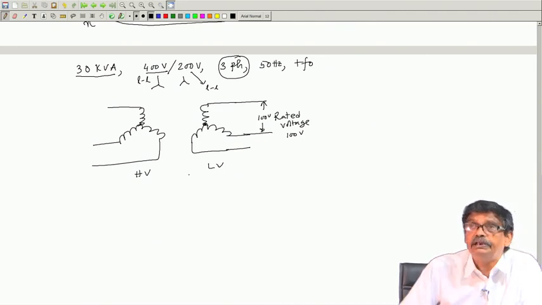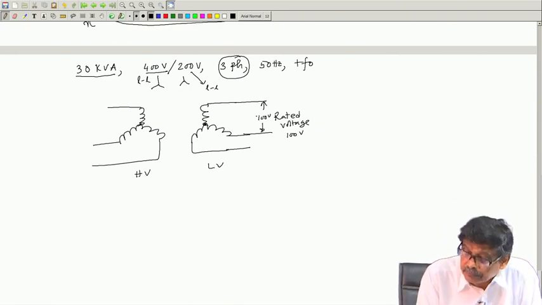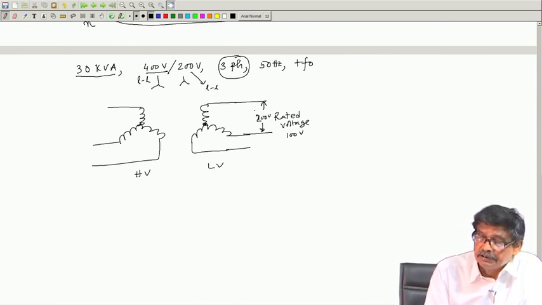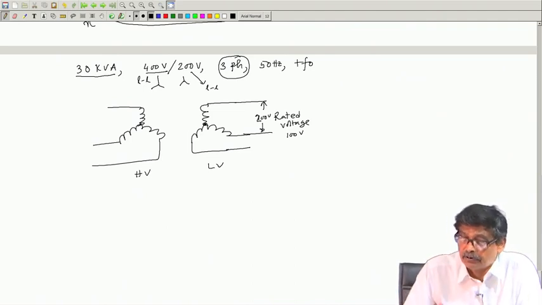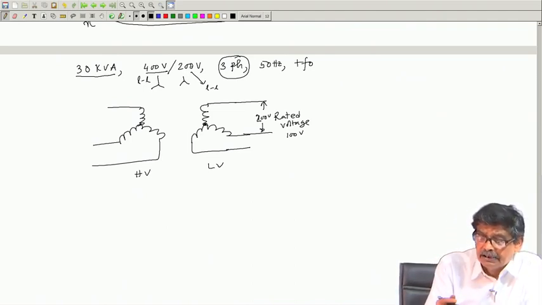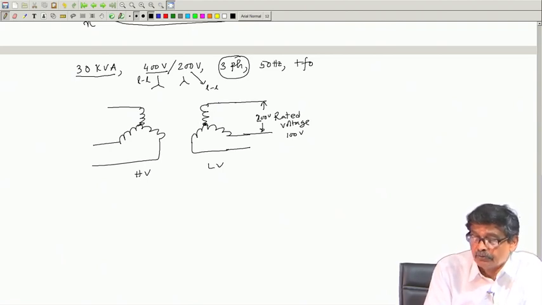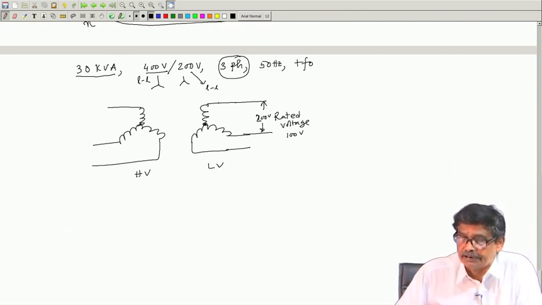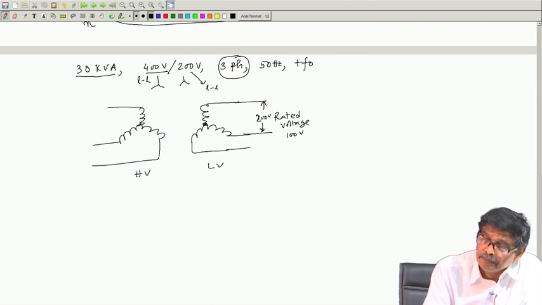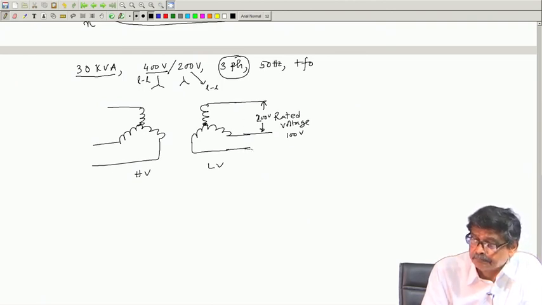So, this 200 volt never tells you that the LV side voltage rating is 200 volt. 200 by root 3 is the rated voltage of the LV side, but anyway 200 volt you apply. You connect 3 phase 200 volt and you connect ammeter and also wattmeter, and better connect 2 wattmeters because it is a 3 phase system.